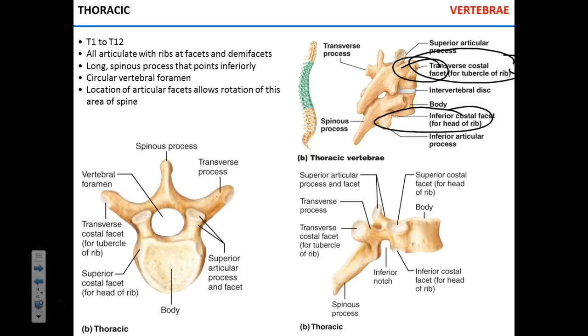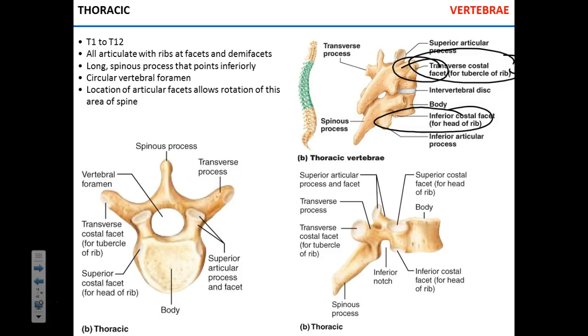Ribs articulate: the head articulates with the inferior costal facet, and the tubercle articulates with the transverse costal facet. Distinctive features: the body of the vertebra is larger, with more weight to bear. The vertebral foramen is round.